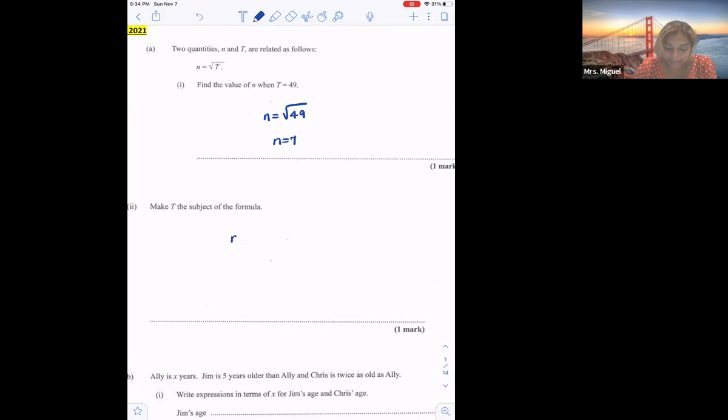Make t the subject of the formula. So which means we have to remove the square root sign. To remove the square root sign from t, we square both sides.